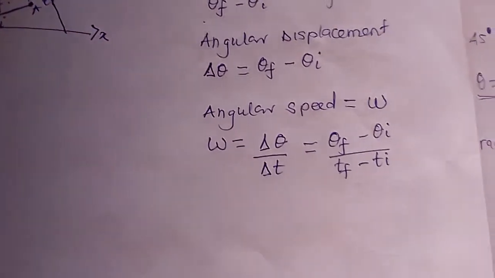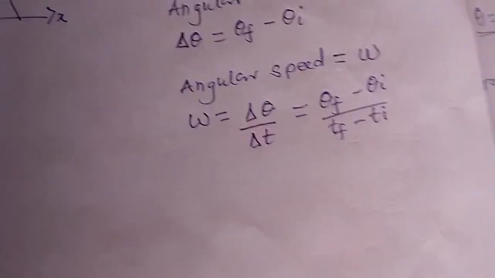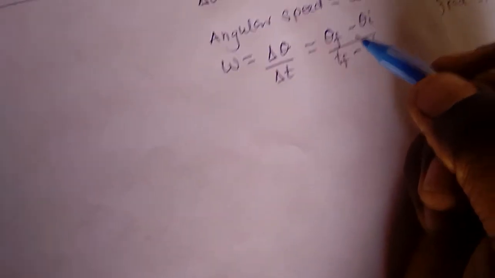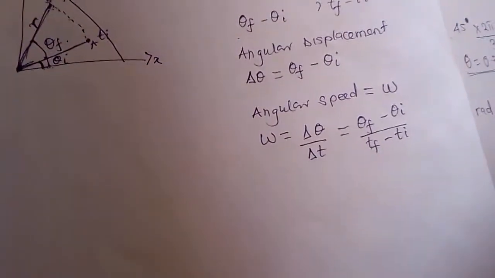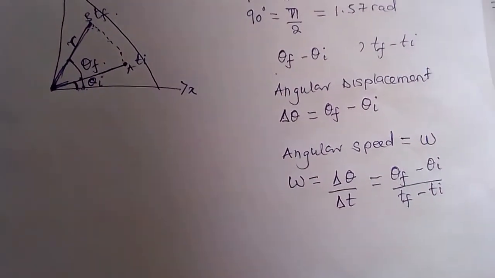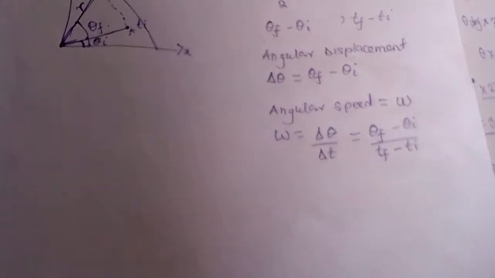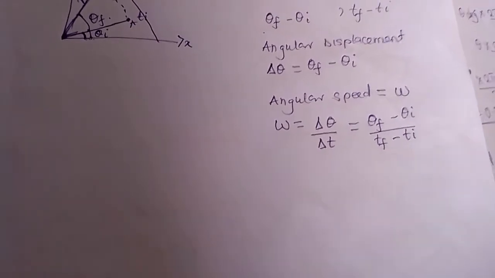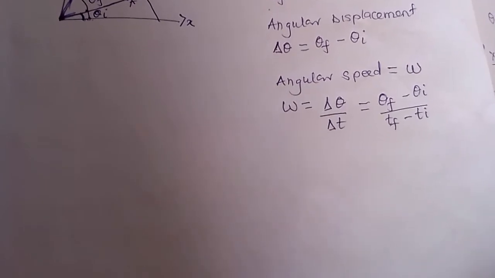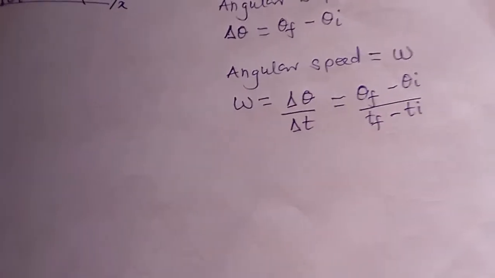So we've got angular speed. Now, from angular speed, we can also look at other terms. We'll discuss more on this as we are doing examples, but this is just to make you familiar with the term. Now, if we want to find out the rate at which the angular speed is changing, then we are going to talk about another term which is known as angular acceleration.